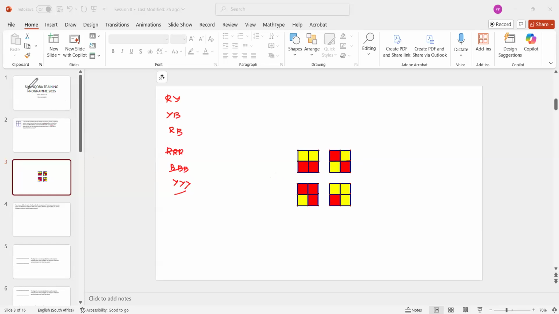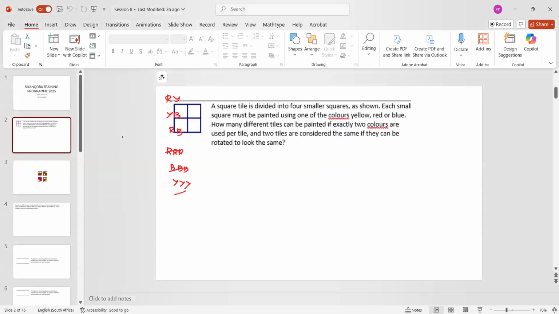I think that is what is said here: exactly 2 colors are used per tile. So there are 3 possibilities if there are exactly 2 colors, and they are red and yellow, yellow and blue, and red and blue.